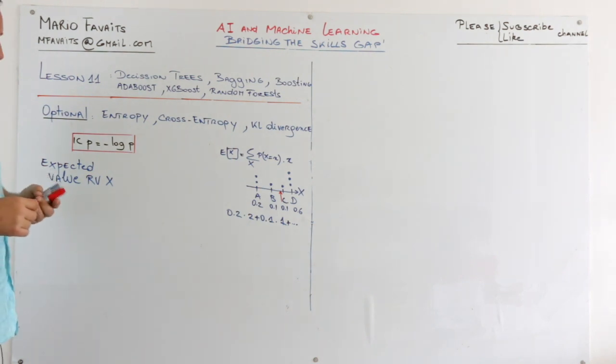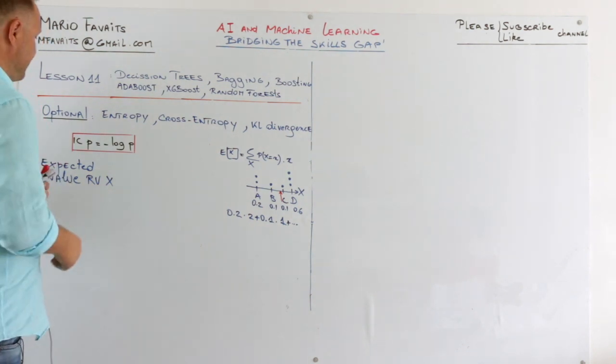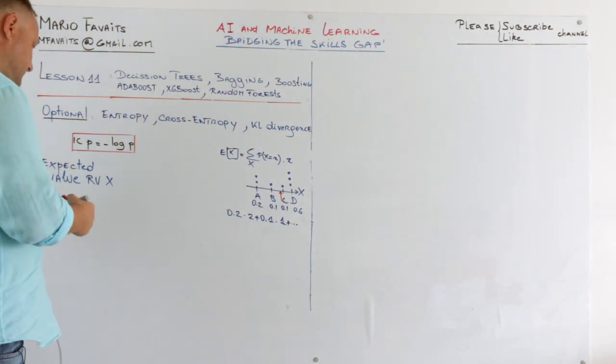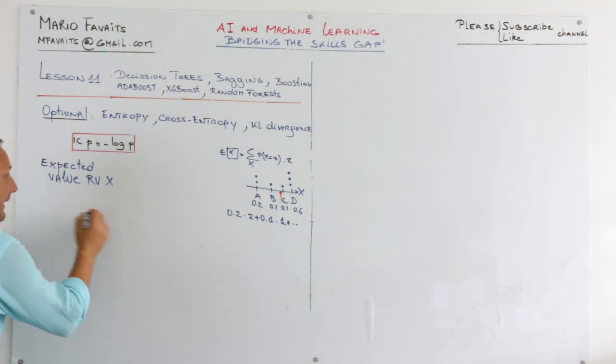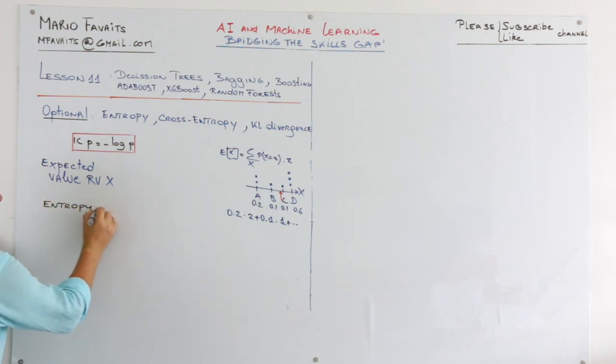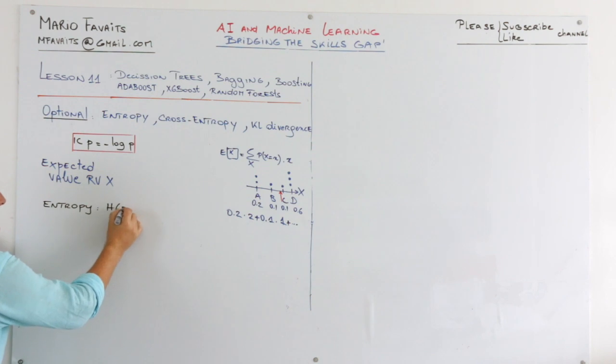Okay, now let's take the expected value of the information content, and this we call entropy, and entropy we denote by H of p.